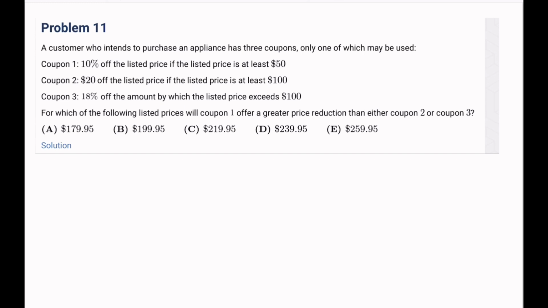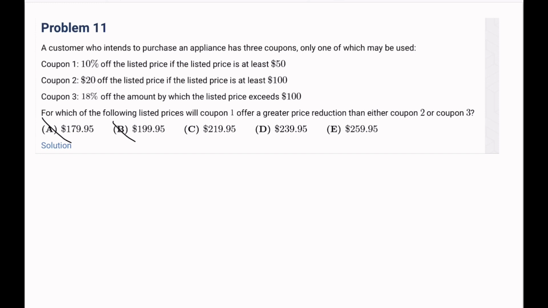So for which of the following listed prices will coupon 1 offer a greater price reduction than either coupon 2 or coupon 3? First off, we can cross off A and B, because coupon 2 is $20 off, and for coupon 1 to take more off, $20 should be less than 10% of the listed price, right?